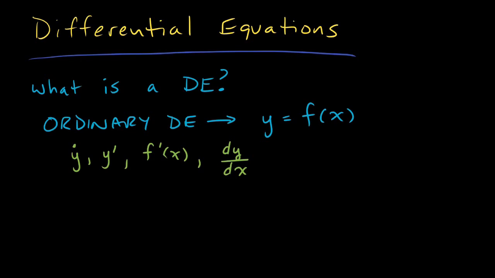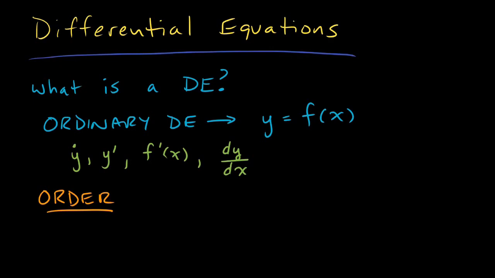The order of a differential equation is basically governed by the highest derivative that is in the equation. So for example, a differential equation with only first derivative in it would be a first order differential equation.